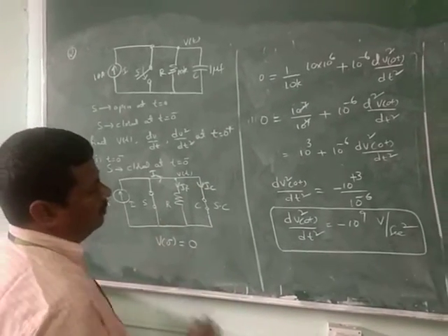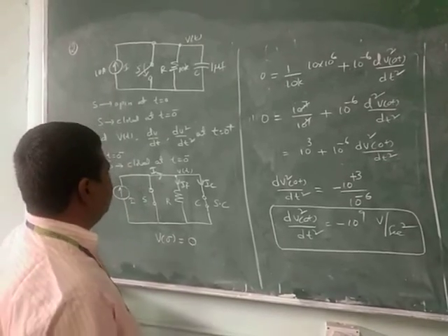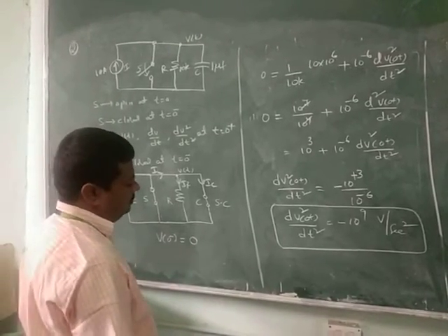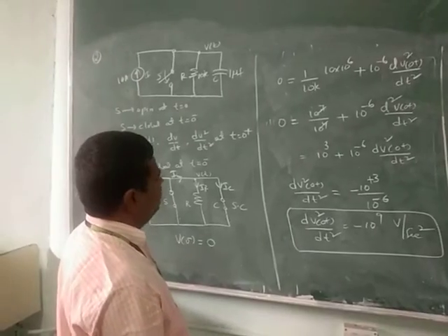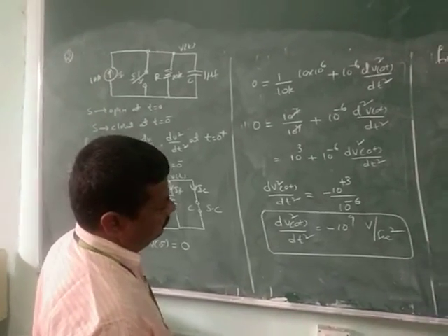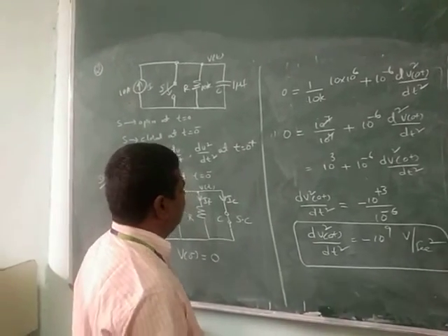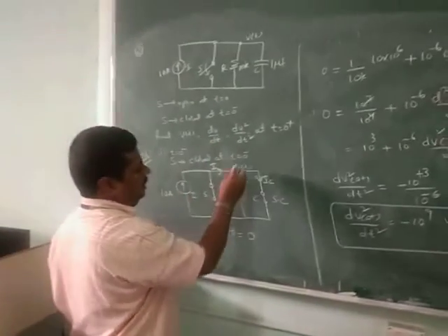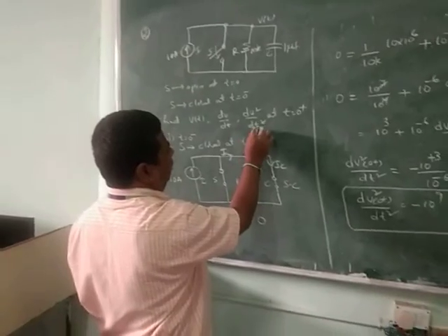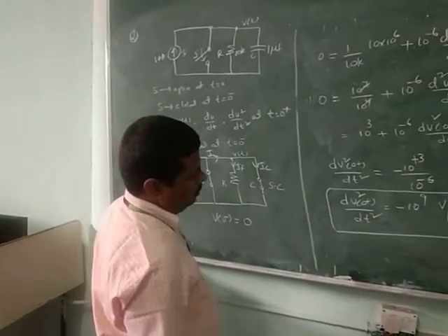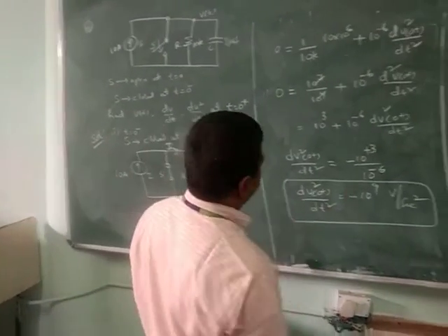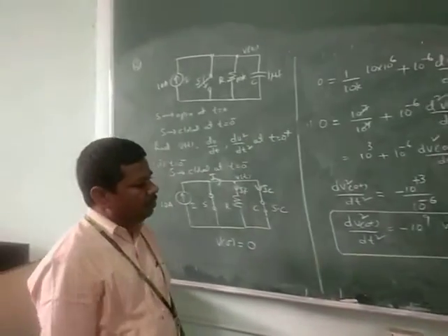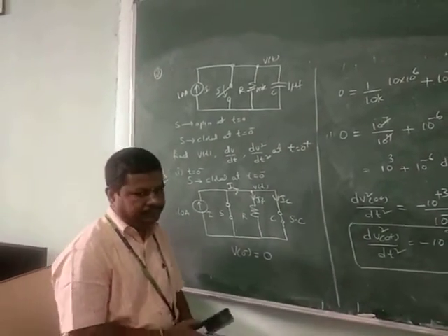Then normal simplification, and substitute the condition t is equal to 0 plus. Then you can easily calculate dV of 0 plus by dt and d square V by dt square at t is equal to 0 plus. These are the values, right? And now we go for the third problem.